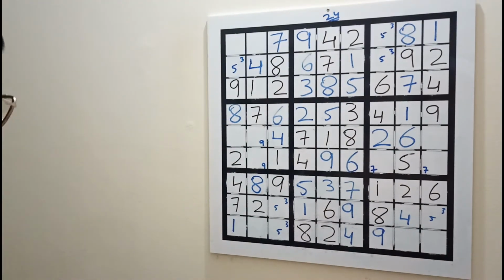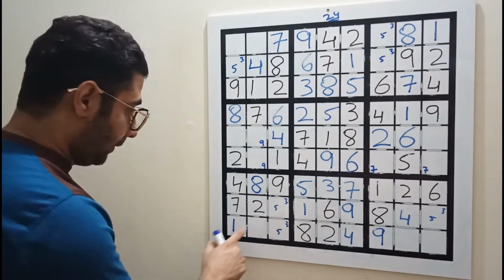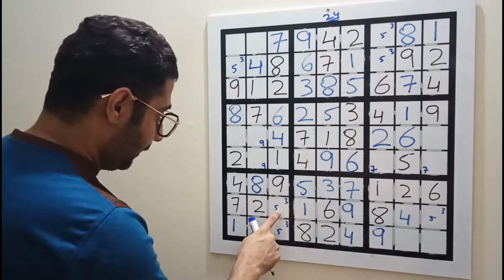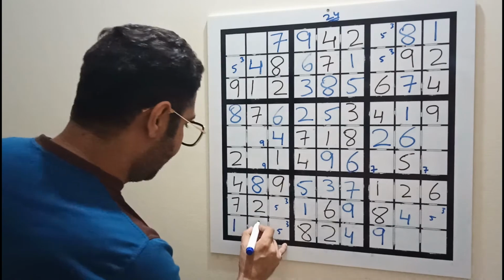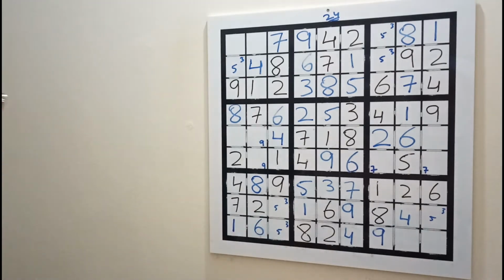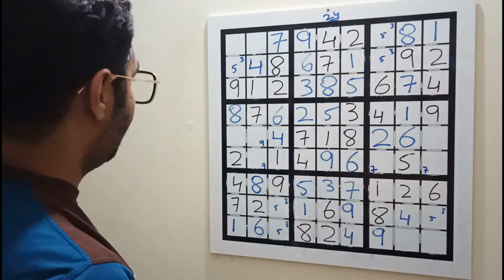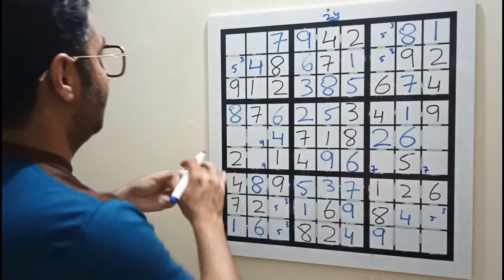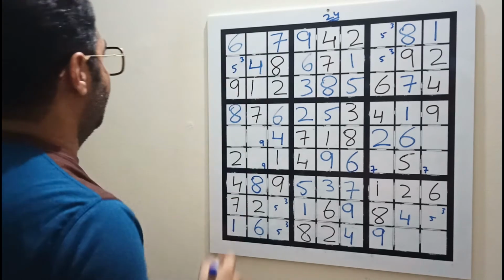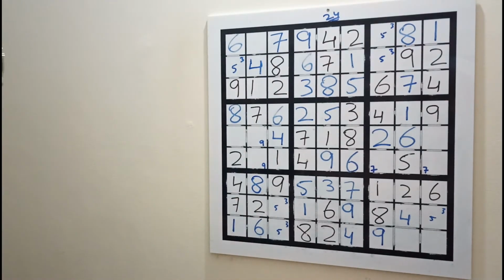Okay. Now let's see what are the numbers. 1, 2, 3, 4, 5. It has to be a 6. Right, center, it has to be in this. This becomes our 6.